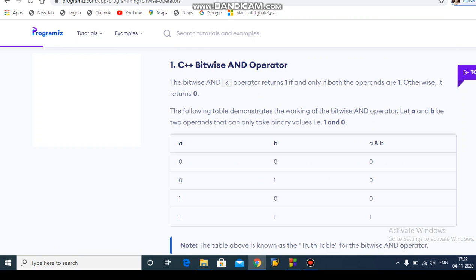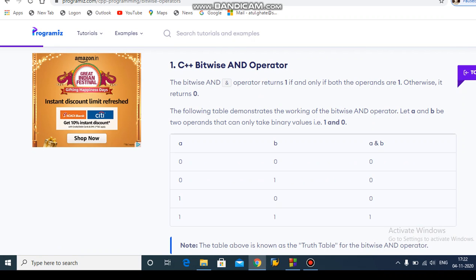This is the predefined truth table, it does not change.